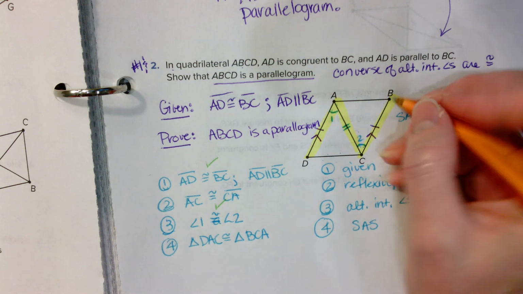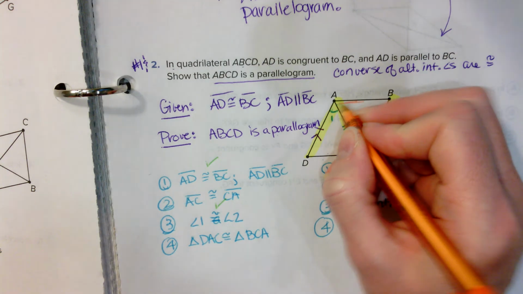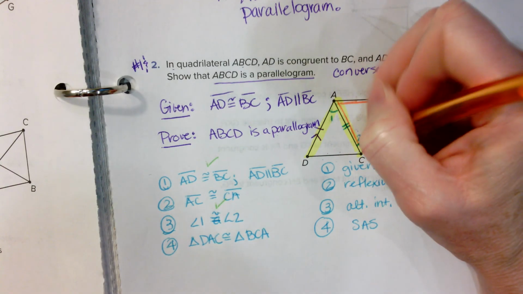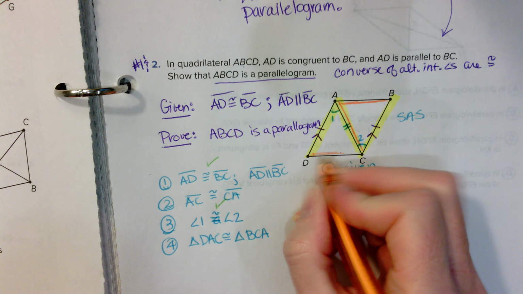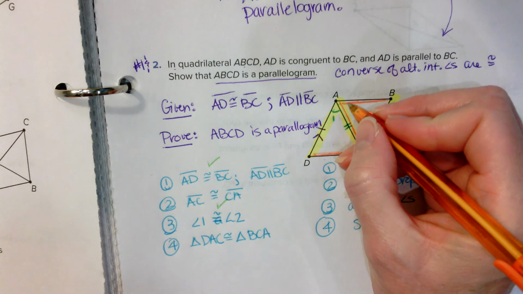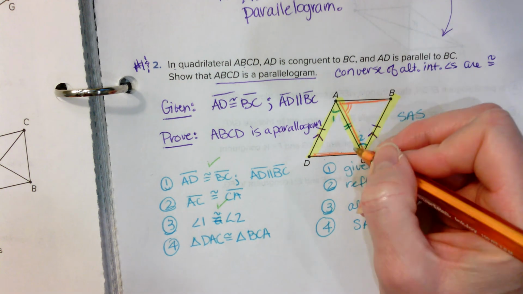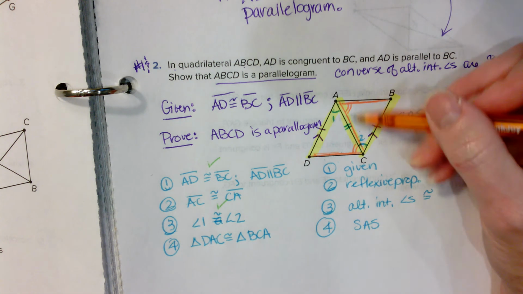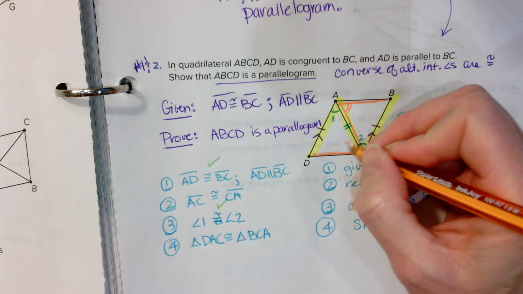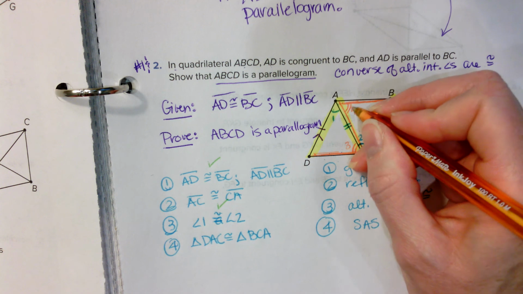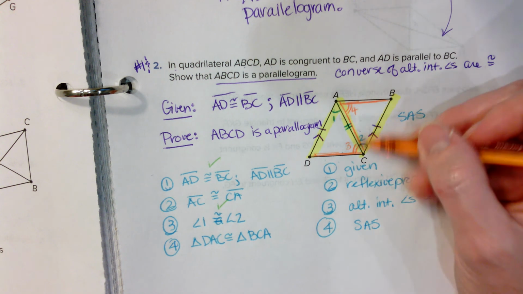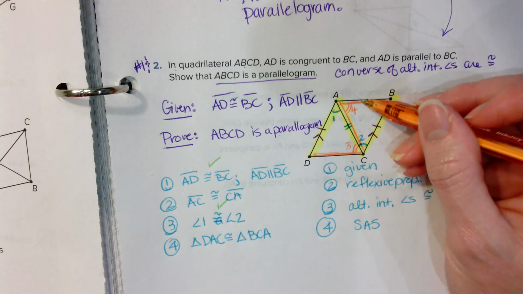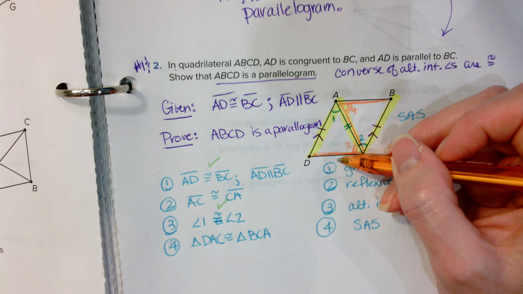So think with me for a moment, if this top part was my Z, and if this transversal, and if this bottom part was my Z, if I could get this angle congruent to this one, we'll call it 3 and 4, then those would be the alternate interior angles for the top and the bottom. I could then prove the top and the bottom are parallel.